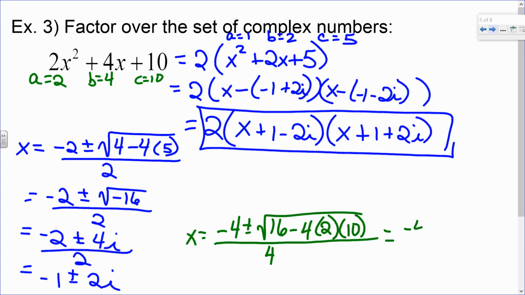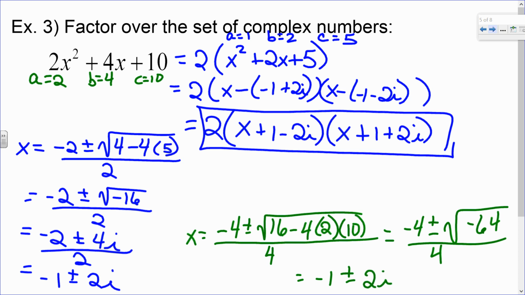So we would have negative 4 plus or minus the square root of 16 minus 80, which would be negative 64, all over 4. So I would have negative 4 over 4 would be negative 1, plus or minus 8i over 4 would be 2i.